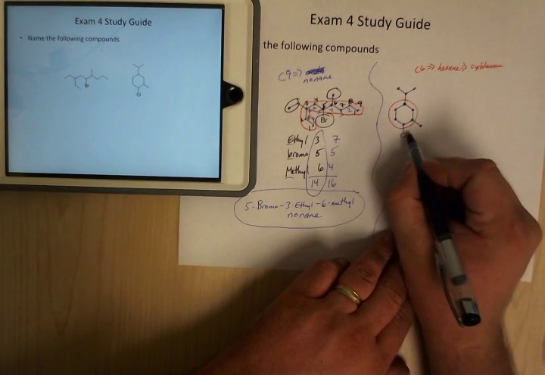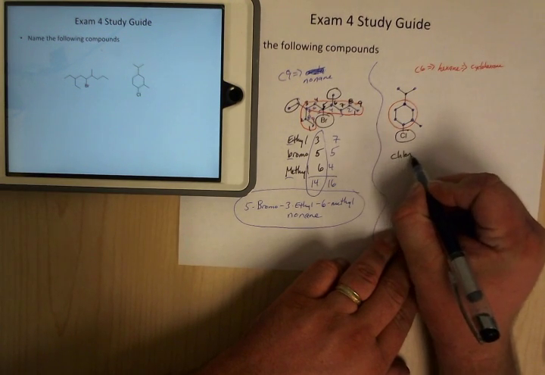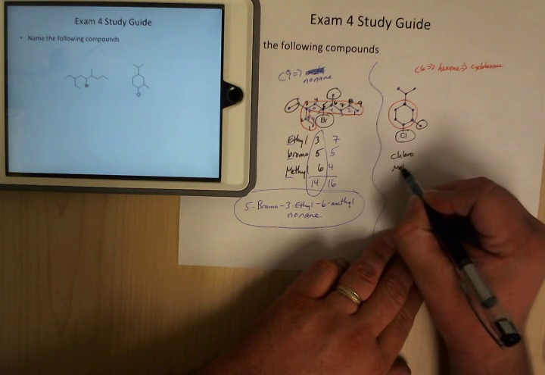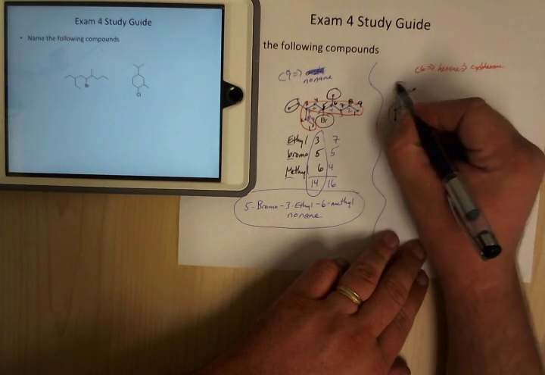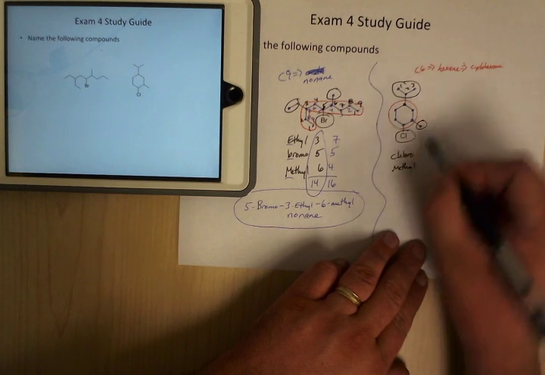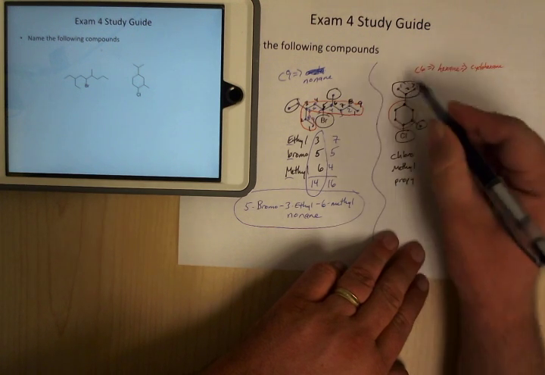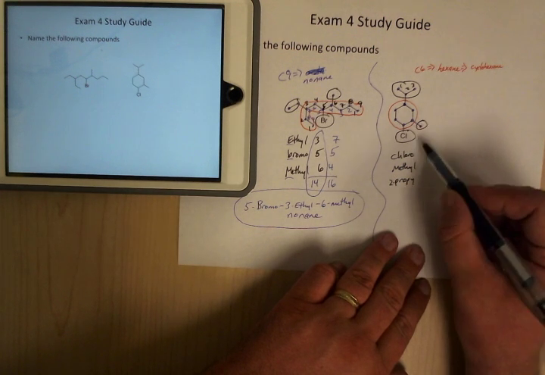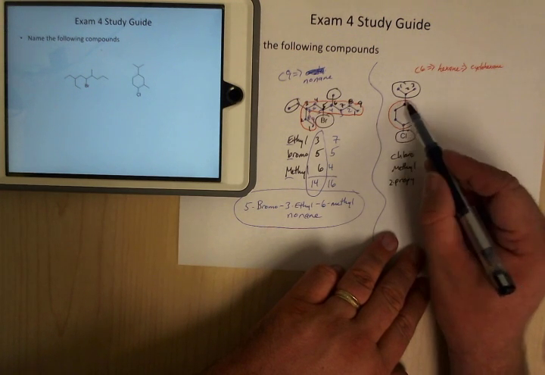Again, we have a chloro, we have this methyl, and then we have a propyl, but since it's connected through carbon 2, it's a 2-propyl. We're going to set each one of these to 1 and see where it gets us.